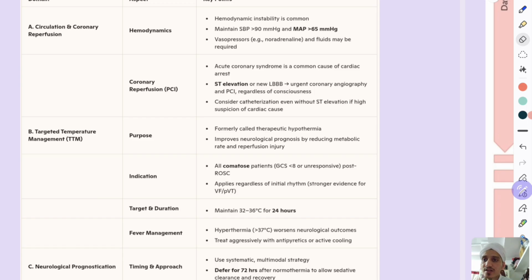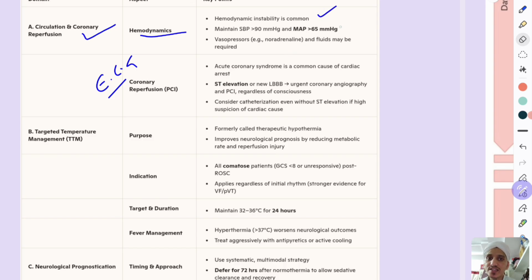Now important things are circulation and coronary reperfusion, because acute coronary syndrome is the most common cause of cardiac arrest. So simultaneously when you are giving ALS, you are performing ECG and monitoring also. At that time if you see some coronary event, you will reverse that. In hemodynamics, hemodynamic instability is common in this patient.